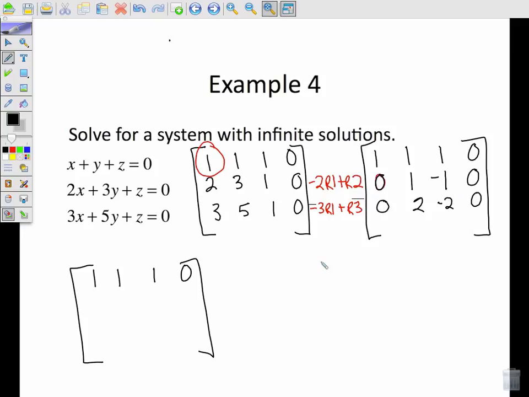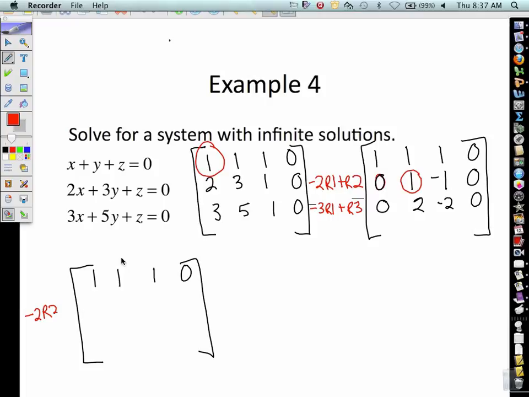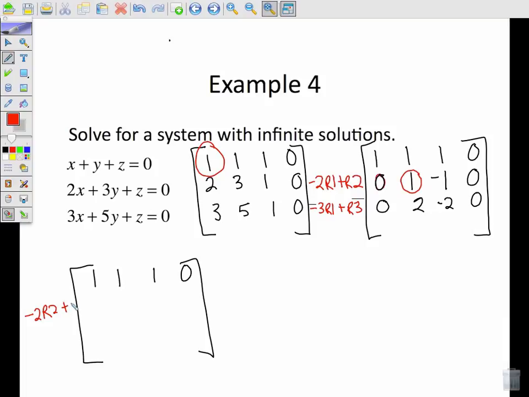All right, our next step would be to consider this number 1 right here and get rid of the 2 that follows below it. So that would be negative 2 row 2, and then we're adding it to row 3.